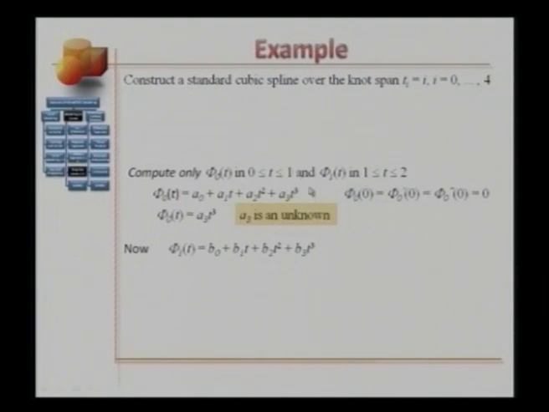Recall the basic definition of spline. An n degree curve has to be n minus 1 continuous throughout the domain of definition. So a cubic spline has to be C2 continuous throughout.